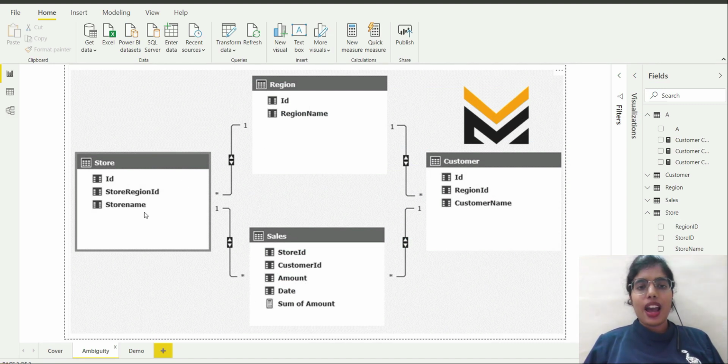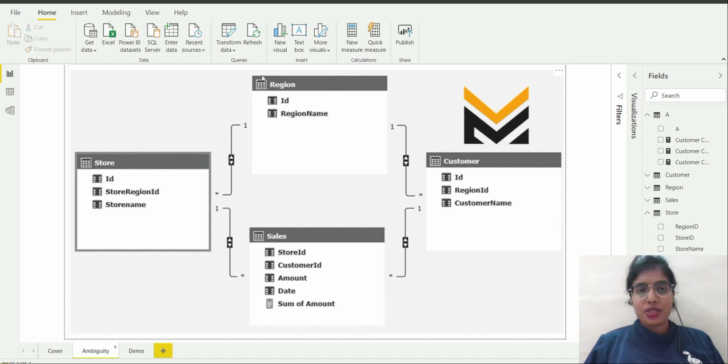In this data model, there are four tables: store, region, customer, and sales. All are related to each other. Store is related to region by means of a one-to-many relationship. Region is on the one side, and store is on the many side. This is correct because in one region there can be many stores.